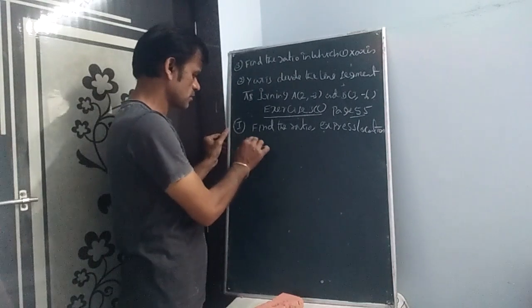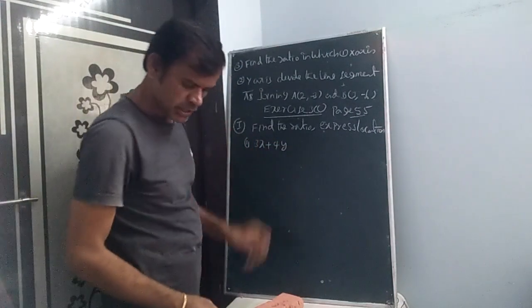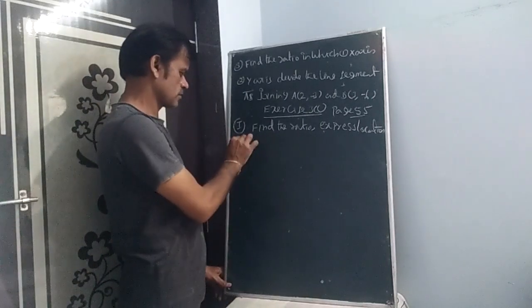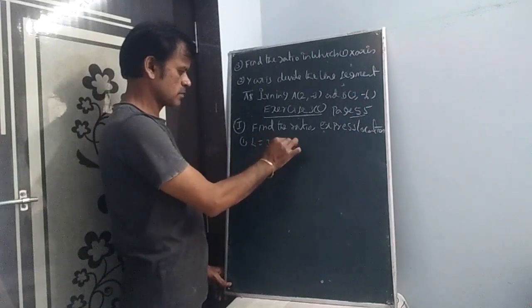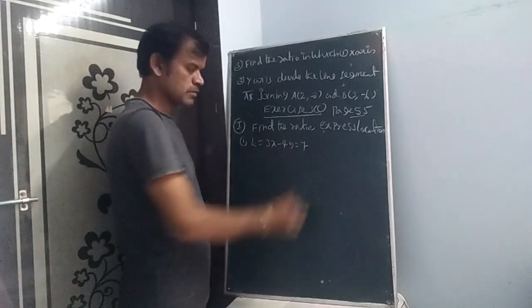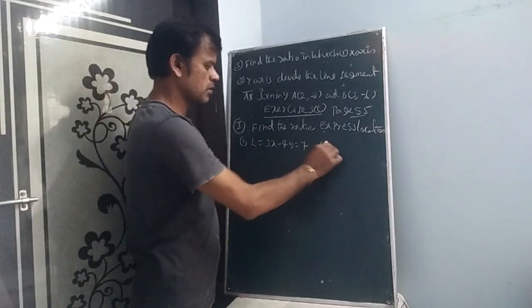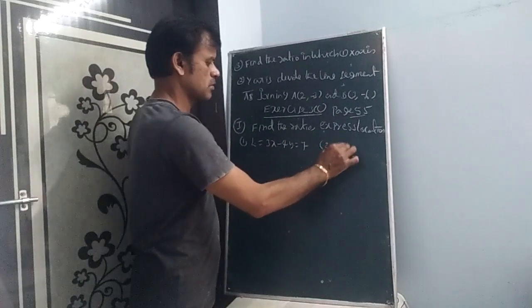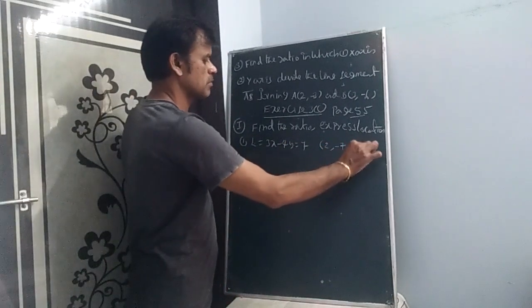First question: 3x - 4y = 7, points (2, -7) and (-1, 3).